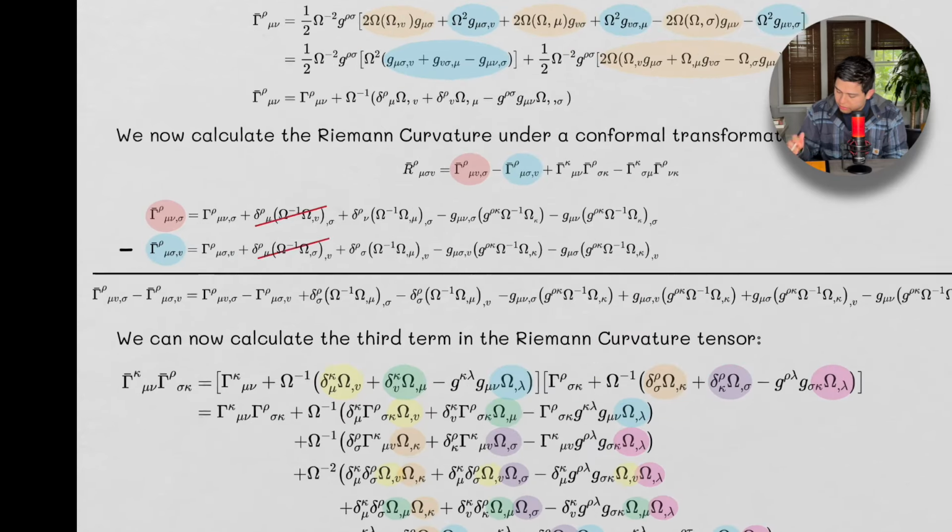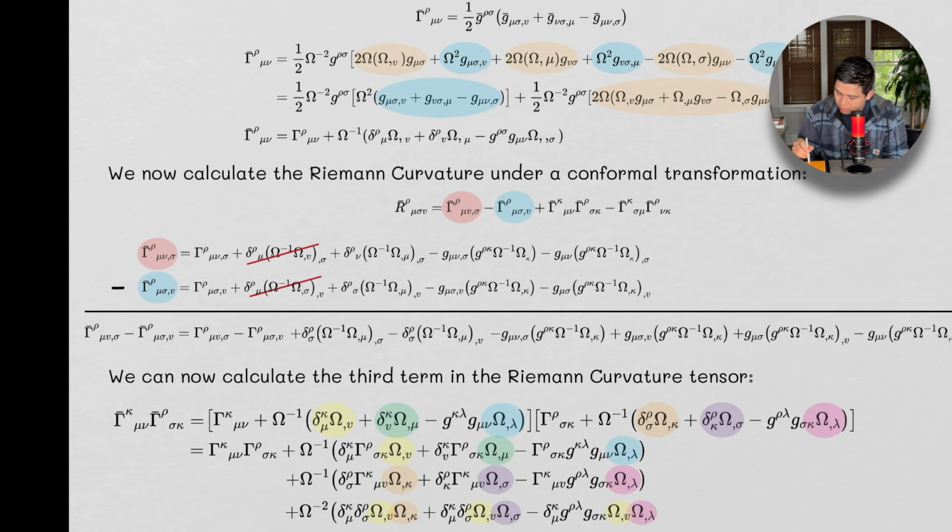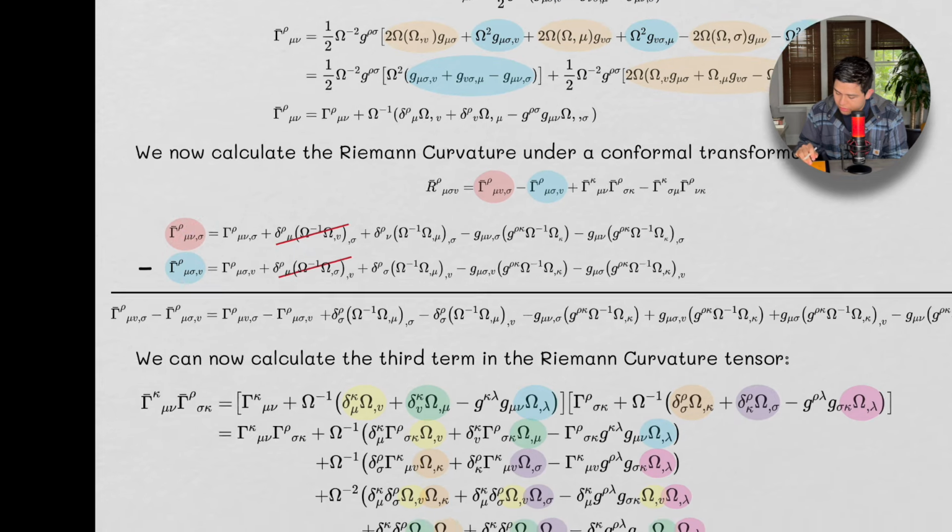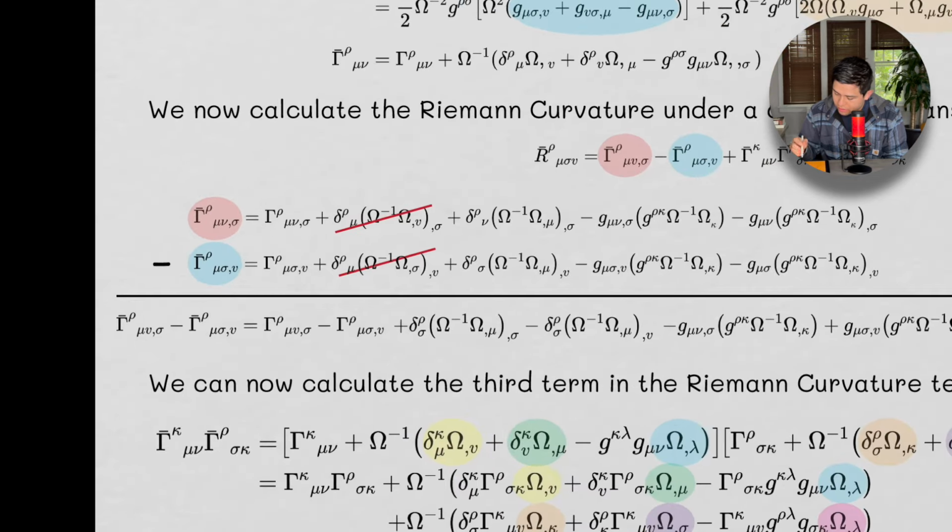Let's begin. Let's start off by calculating these two terms and taking their difference, and then we'll put a pin in that. We'll calculate the other terms and put everything together. We're taking these definitions, this definition and this definition, and we subtract the two. When we do that, we can see that these terms are going to cancel.